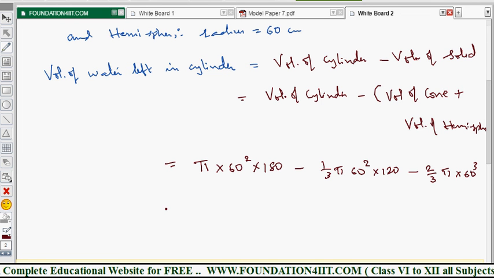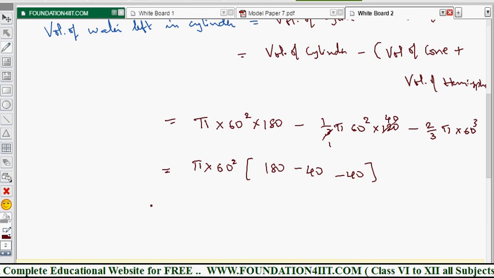Just simplify this now. Take pi into 60 square common to make the calculation simple. The remaining is 180 minus 1 by 3 into 180, that is 60, so 180 minus 60, minus 2 by 3 into 60, which is 40, after cancellation.